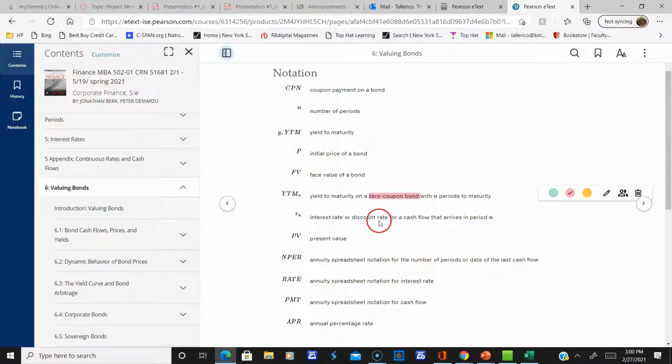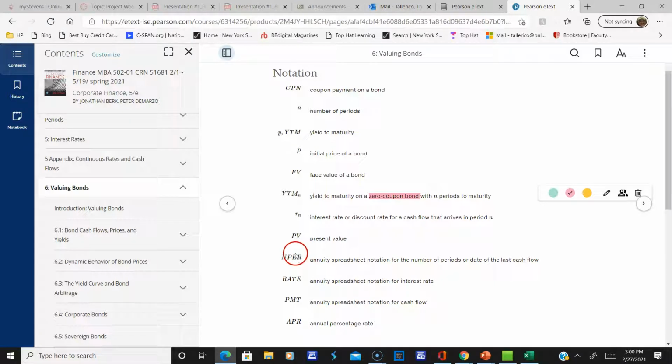So the interest rate or discount rate for a cash flow that arrives in period N. There's going to be a couple different interest rates we're going to talk about here. We're going to talk about the coupon rate, the yield to maturity, or the interest rate or discount rate for a cash flow that arrives in period N. And then, of course, there's the present value.